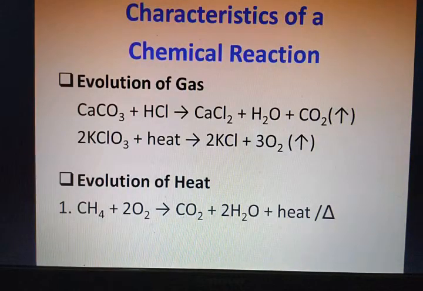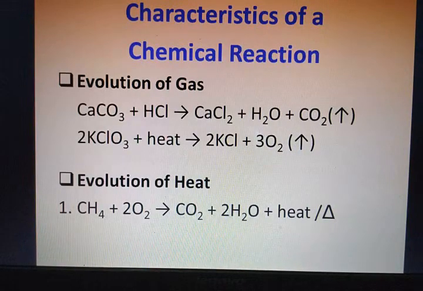The next is evolution of heat. There are many reactions which give out heat as a sign that a reaction is taking place. A high amount of heat is generated when a reaction is going on. That's a feature of the reaction.